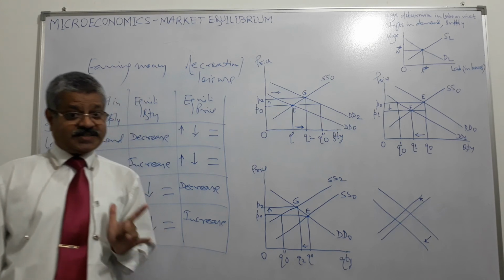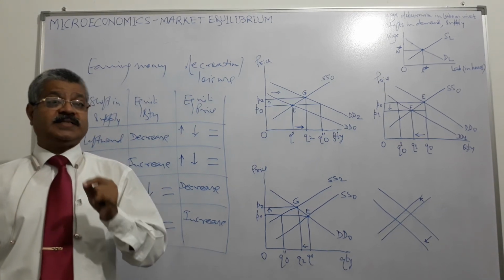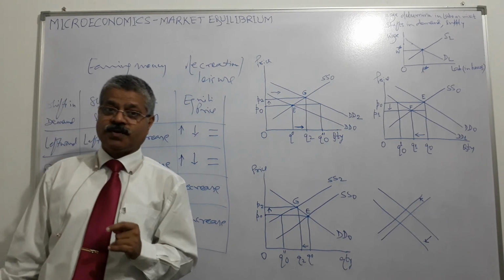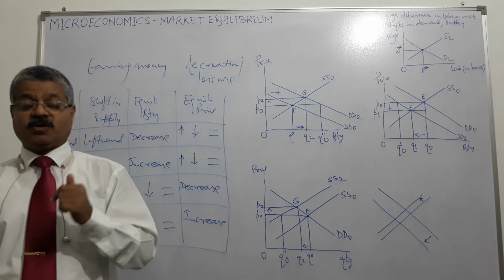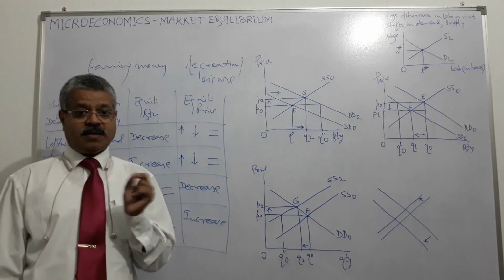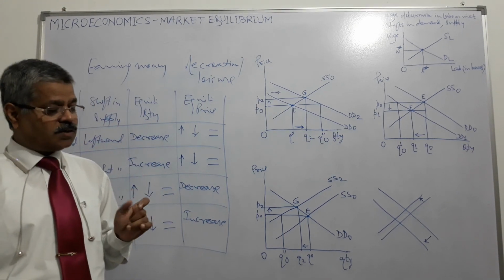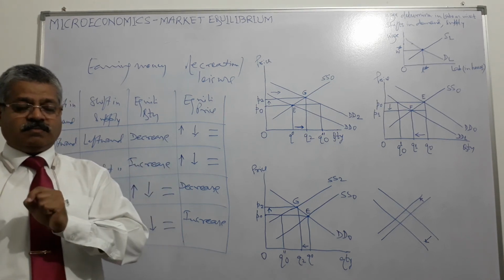Then for each extra unit of labor, the firm gets an additional benefit, which is equal to marginal revenue times marginal product of labor, MR times MPL, which is called marginal revenue product of labor, MRPL.